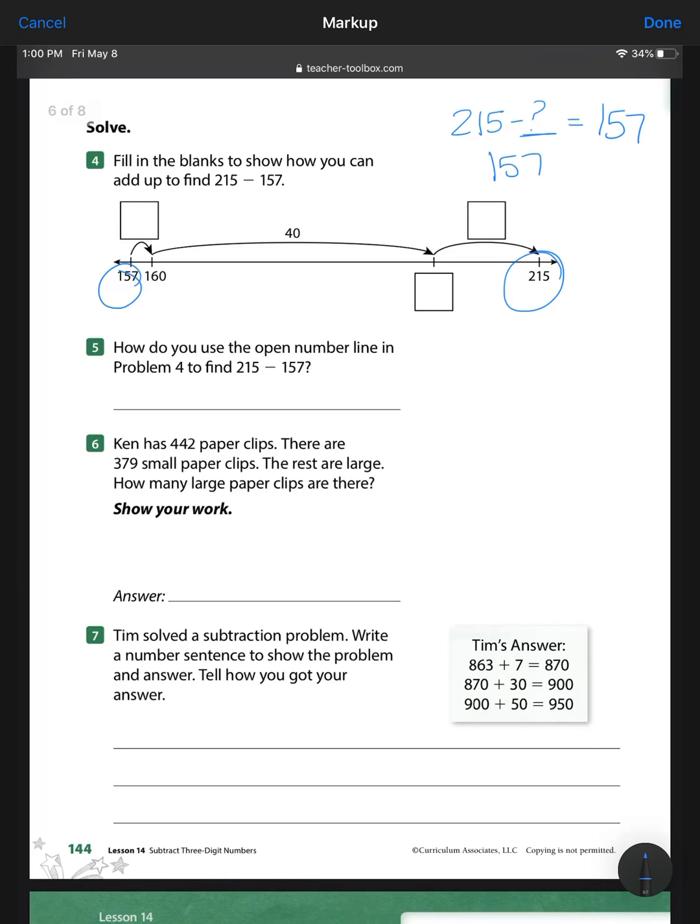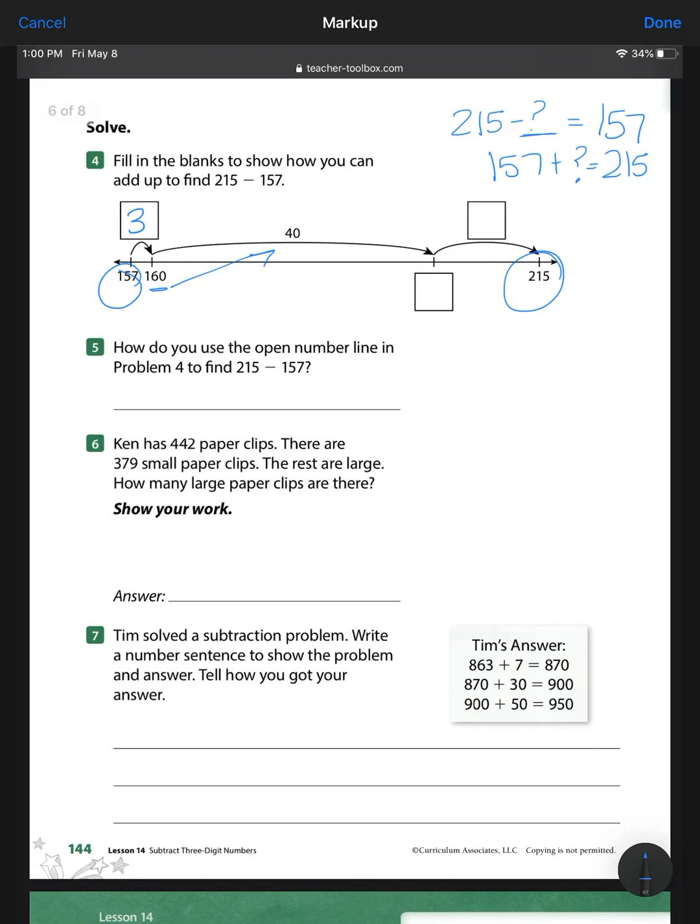We're going to switch our problem around to 157 plus what equals 215, okay? So 157 plus what equals 160? Let's count. 157, 158, 159, 160. 3. 157 plus 3 equals 160.